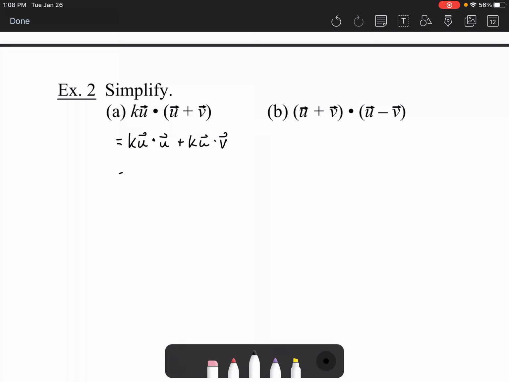Well, according to our properties as well, k of u dot u can be written as magnitude of u squared. And therefore, we can get this expression.